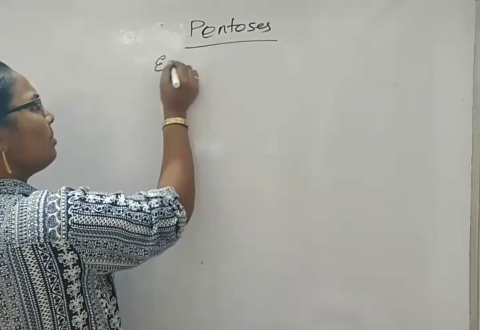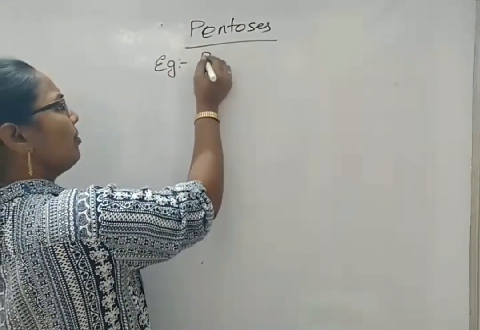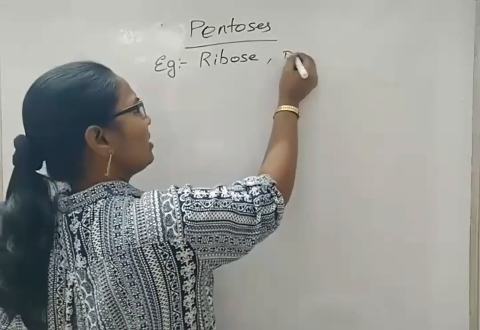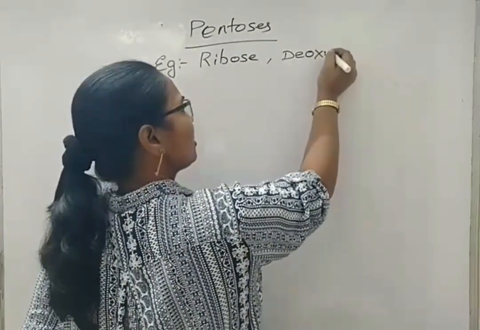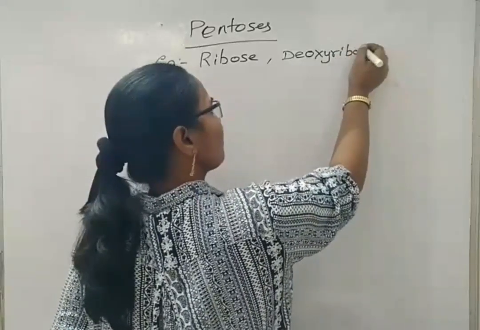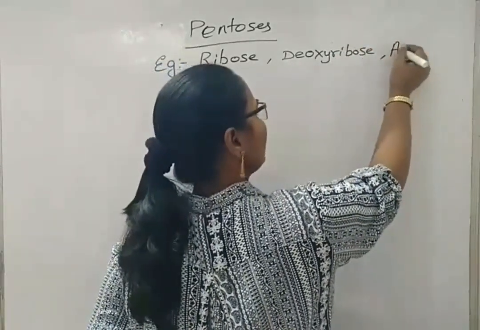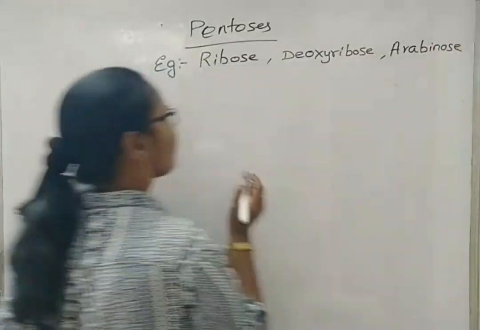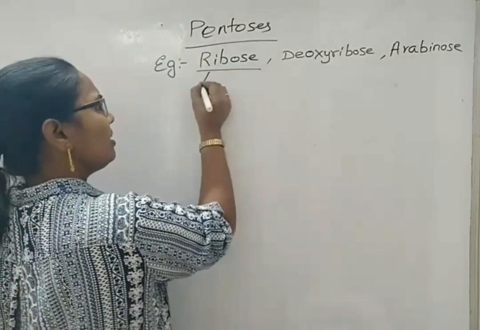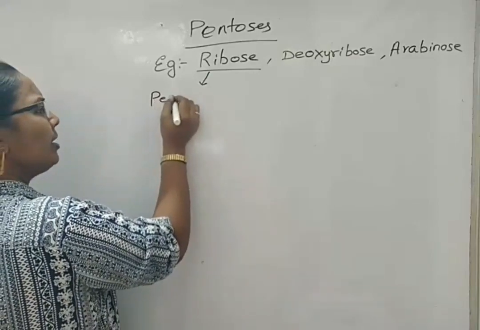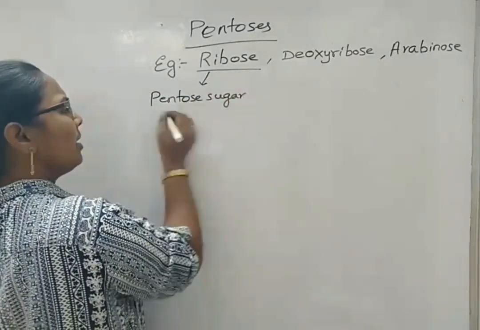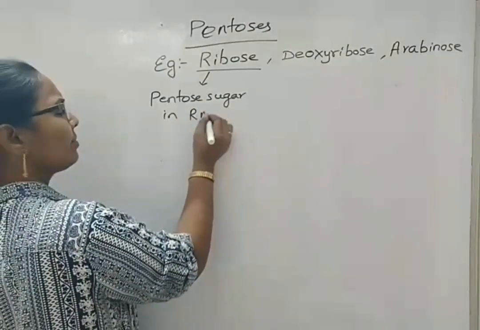What examples can we consider here? One is ribose sugar. Next is deoxyribose sugar. Next is arabinose. Ribose is the pentose sugar in RNA.